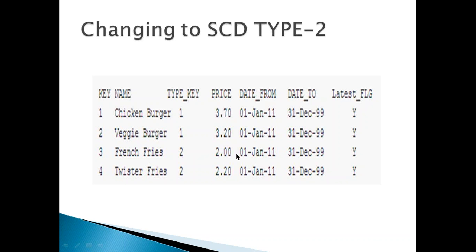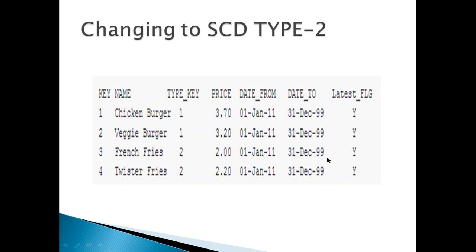Okay, now first thing that I do is I update my date from and date to for this record. That is, my price 2 was active from Jan 1st 11 to, for example, 30th November 99. First thing that I'll update is the end date of my French fries price, that is 30th November 99.